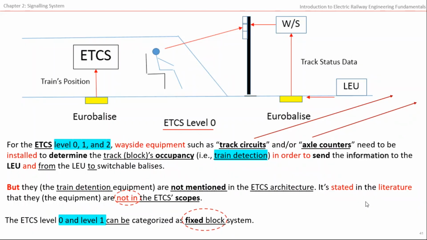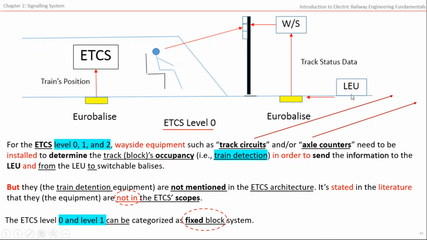As I said already, for ETCS level 0, 1, and 2, wayside equipment such as track circuits and or axle counters need to be installed somewhere here ahead of the train to determine the track or the block's occupancy, or we can call it train detection, in order to send the information to the LEU.